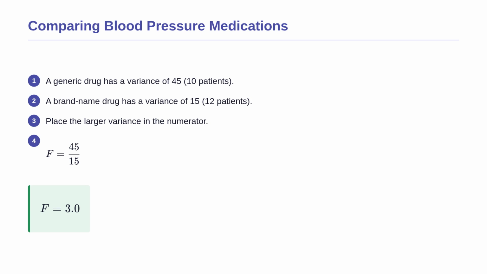We need to use the F-test to see if the generic drug is significantly more variable. We simply divide the larger variance, 45, by the smaller variance, 15. This gives us a final F statistic of 3.0. Physically, this means the generic drug results are exactly 3 times more spread out than the brand name drug, suggesting it is much less consistent and potentially riskier for patients.